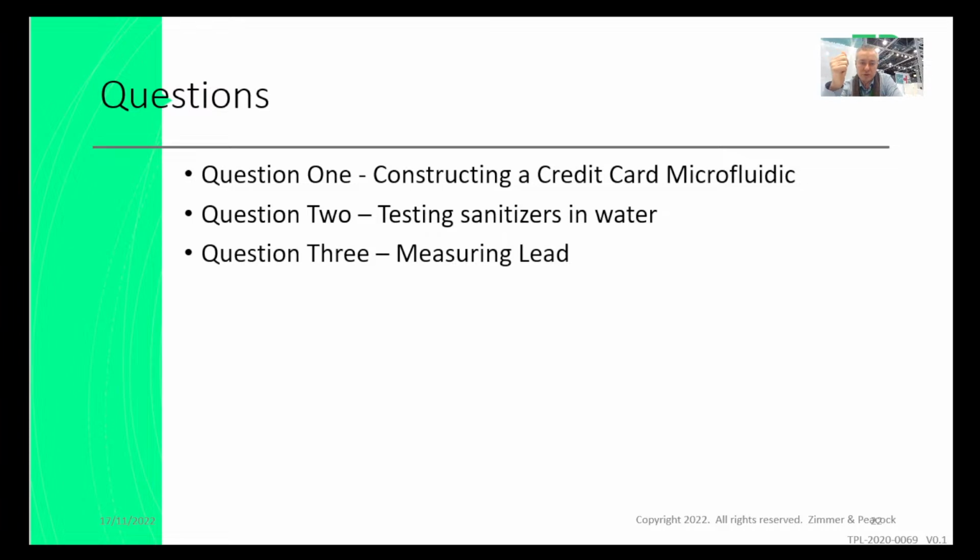So thank you for the question of constructing a credit card microfluidic. We do those materials. The white material has cover sheets on both sides of it, so it's what we call a double-sided adhesive material. And then the clear material has no adhesive on it, and you often use that to form the top cover of the microfluidic.